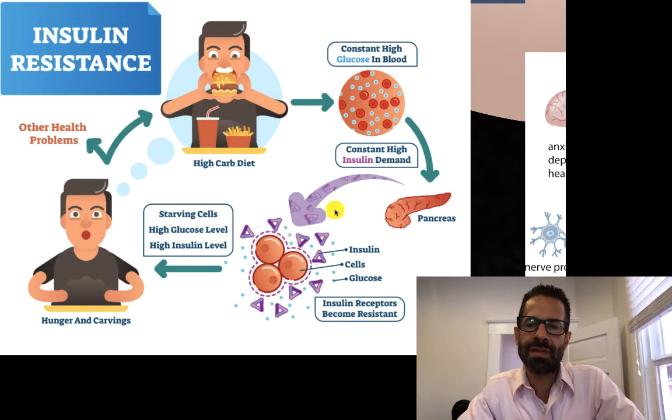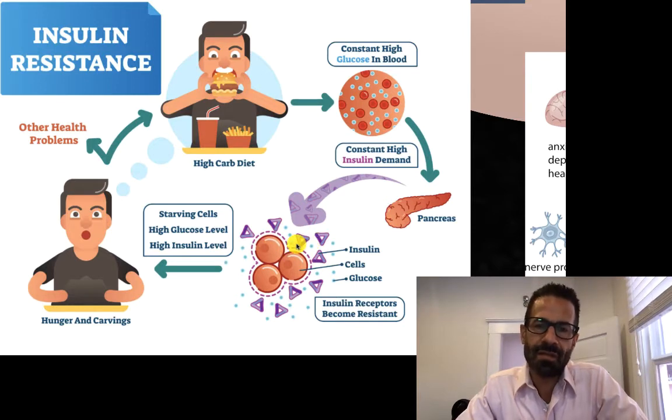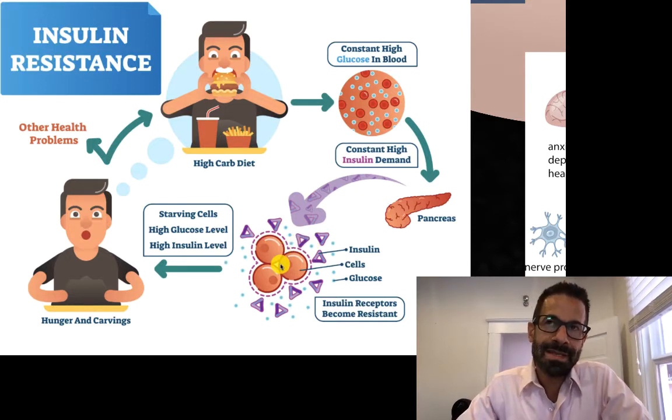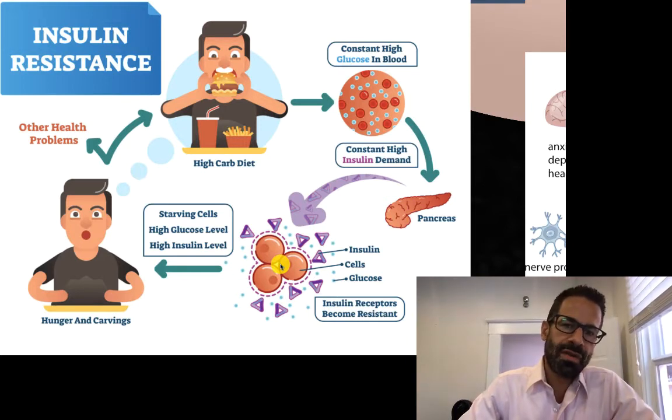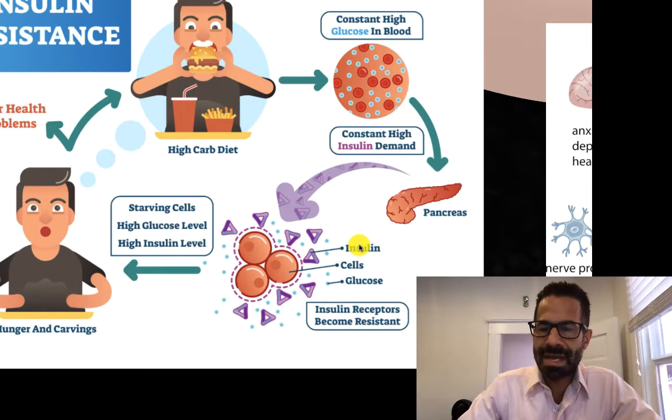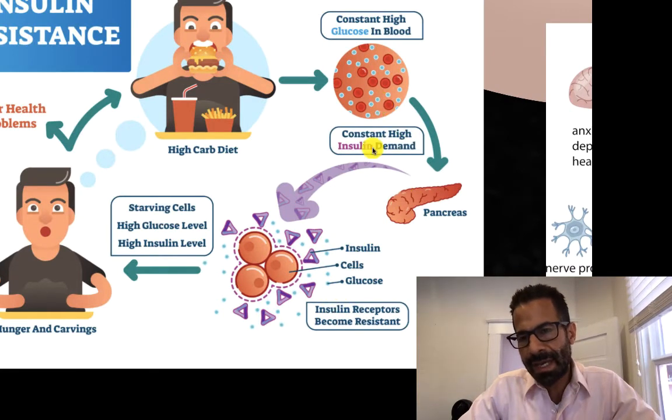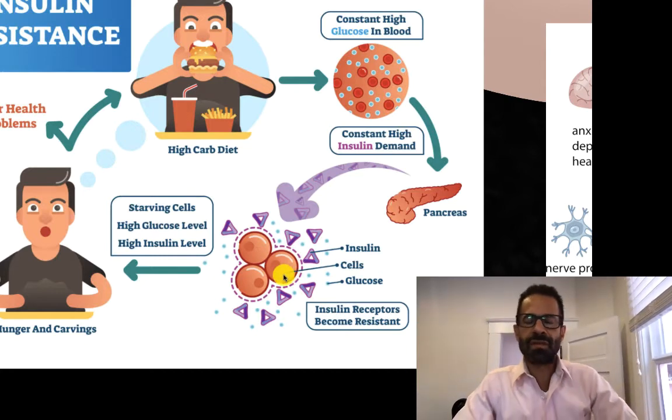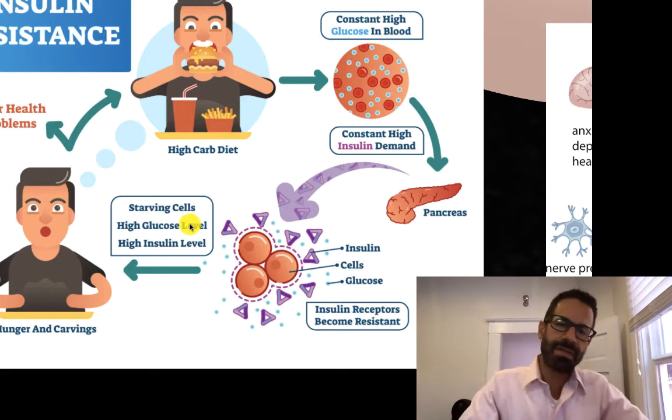Insulin is a hormone that's released when our blood sugar is high, and it tells our muscle cells and the rest of our body to take in that sugar from the bloodstream and use it as fuel. Only problem is that if we keep eating foods that raise our blood sugar, our insulin remains persistently elevated. The receptors for insulin start to become resistant. They need more and more insulin to respond to the signal to take in blood sugar.